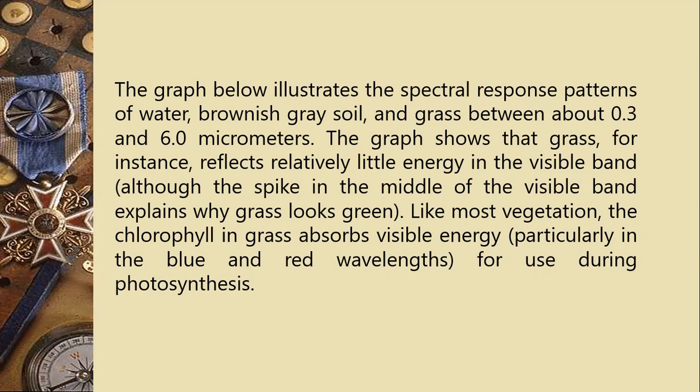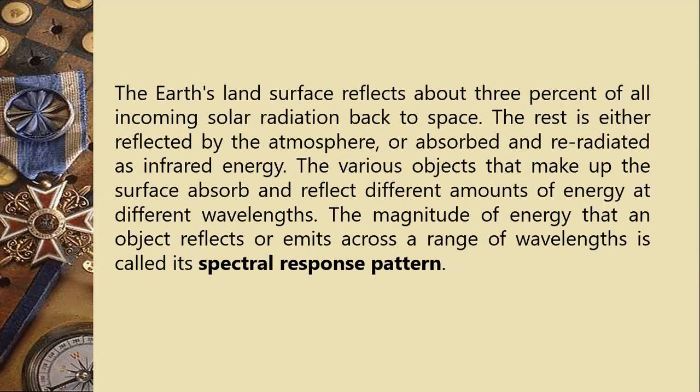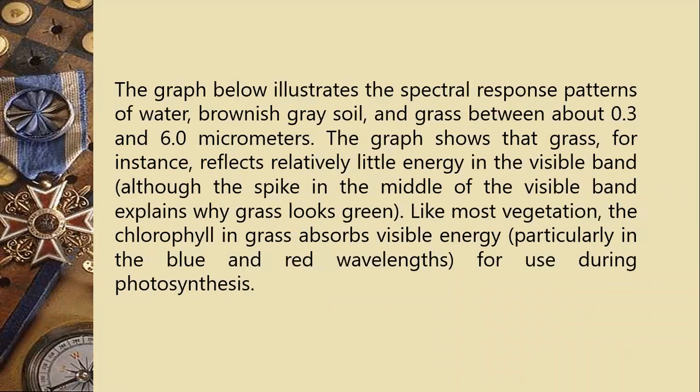So the thing here is that we are mentioning three things: brownish gray soil, grass, and water. How these three things, water, soil, and grass, are reflecting, that is the spectral response pattern of soil, grass, and water.